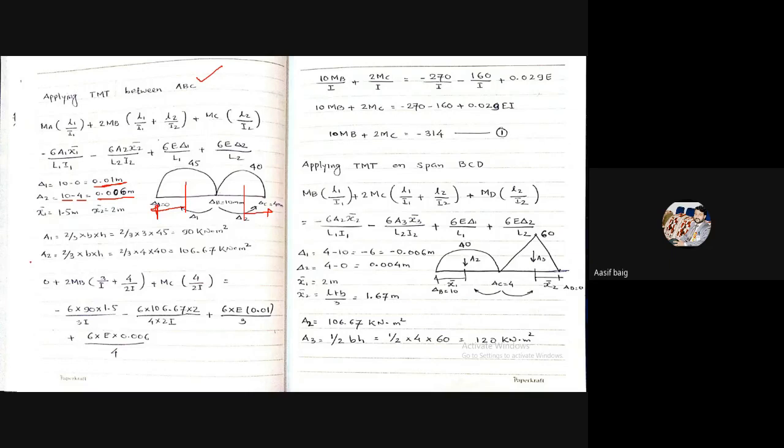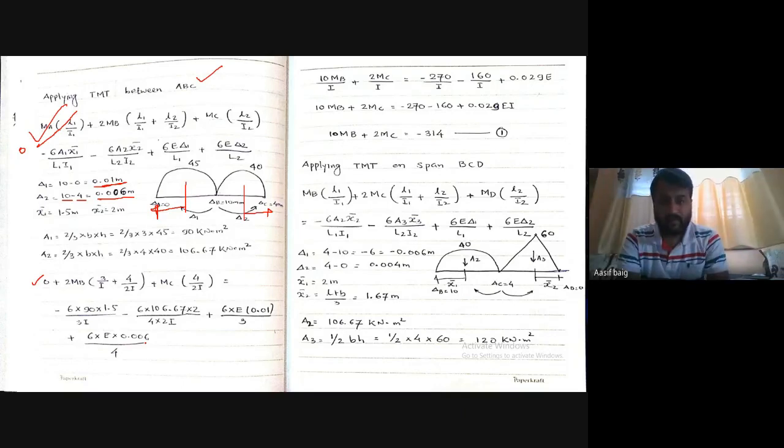So after putting the values into the equation which we wrote over here, we know MA L1 by I1 is 0, so we will put this value directly as 0, plus 2 MB into 3 by I plus 4 by 2I, plus MC into 4 by 2I, is equal to minus 6 into 90, the area of the first span, into 1.5 divided by 3I, minus 6 into 106.67 into 2 divided by 4 into 2I, plus 6 E into 0.01 divided by 3, plus 6 E into 0.006 divided by 4.